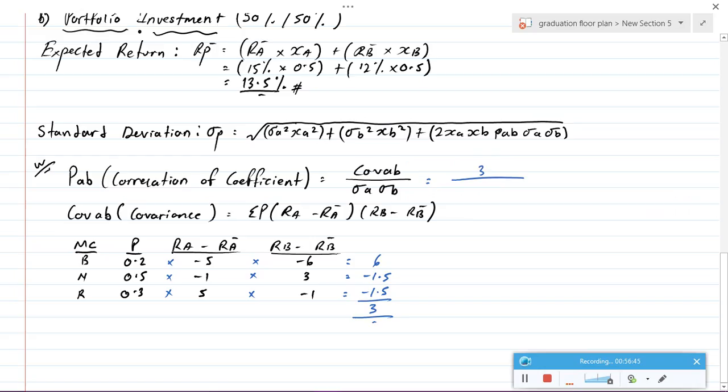Now, what is the formula for this? Covariance AB over standard deviation A, standard deviation B, am I right? In mathematics, if you want to cancel it off, you can cancel it off, am I right? So left what?